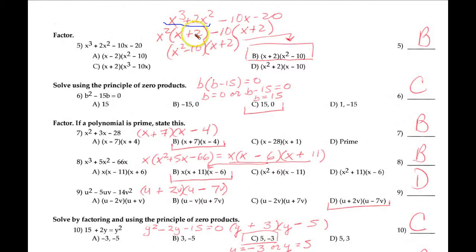An x squared, and we get this. Now we want to have this over here as well. What do we have to take out of these 2 terms to get this? And the answer is a negative 10. So now we take our x squared, put it there, our negative 10, put it there, and then this is our common factor.